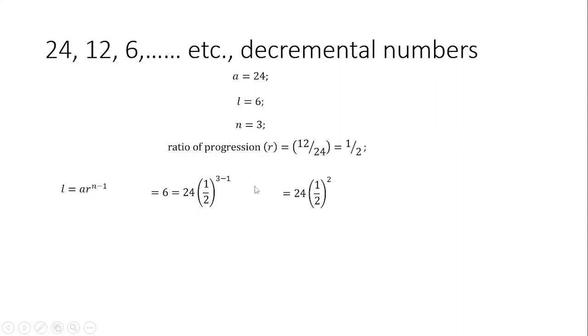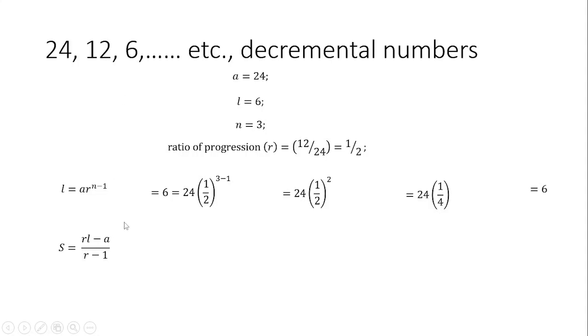Here 24 into 1 by 2 power 2. I can simplify this: 24 into 1 by 4, since squaring 1 by 2 gives 1 by 4. If I simplify 24 into 1 by 4, cancelling 4 and 24, I get 6, which is the last term of the available progression.